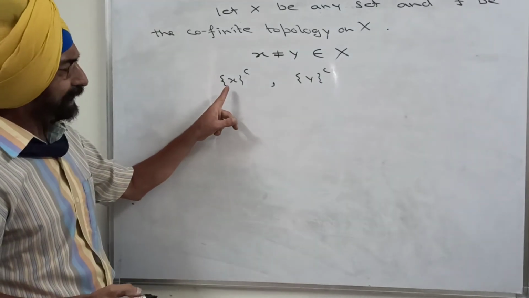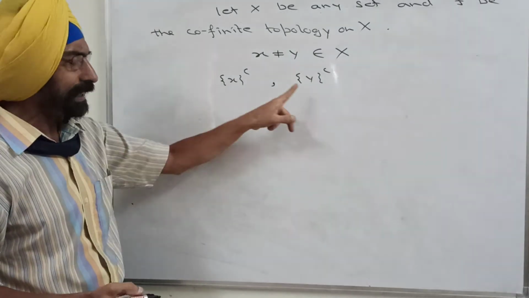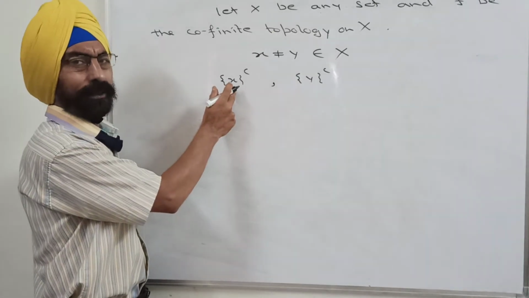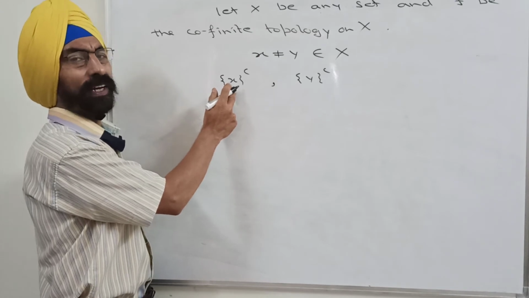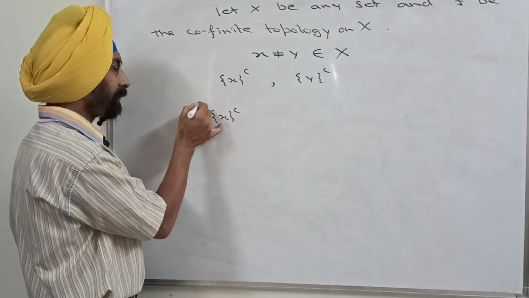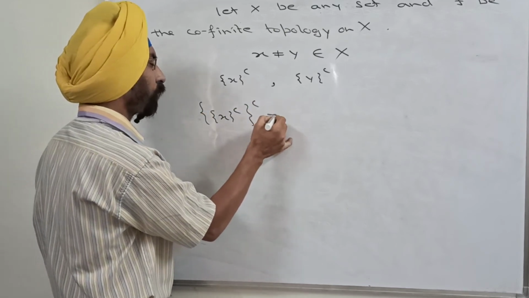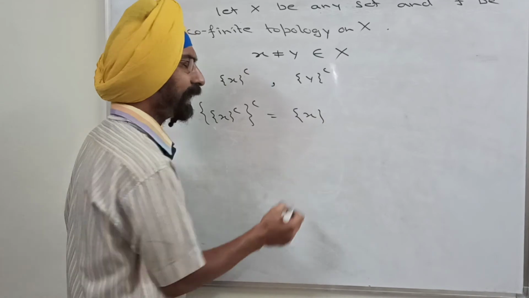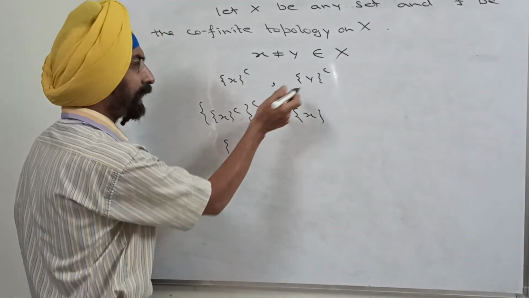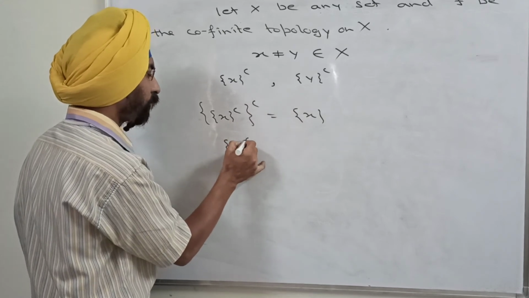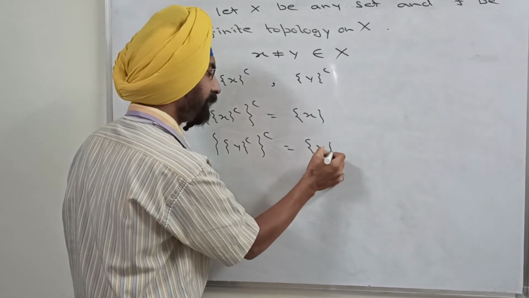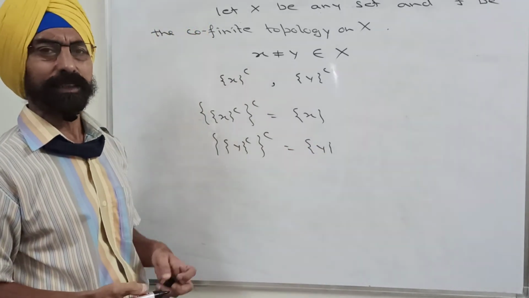Now, is this set open? The first question. This set will be open if its complement is finite. And what is the complement of this set? This is the complement of {x}, and taking the complement once again, what you get is the singleton set {x}, and the singleton set {x} is finite, it has only one element. Similarly, for the other set, the complement of the complement of {y} is the singleton set {y}, which is finite because it has only one element.